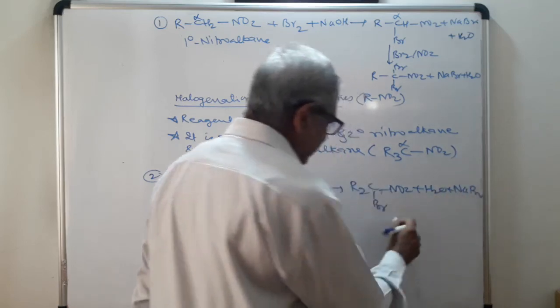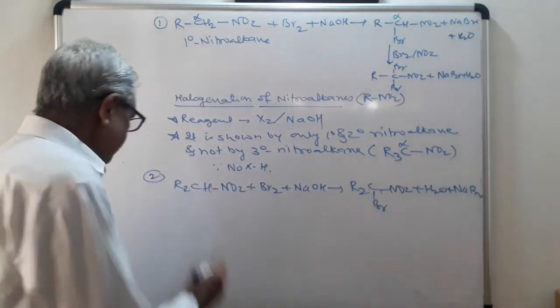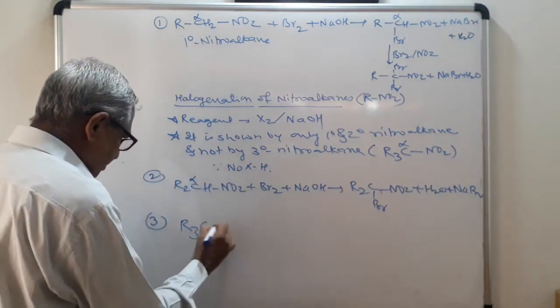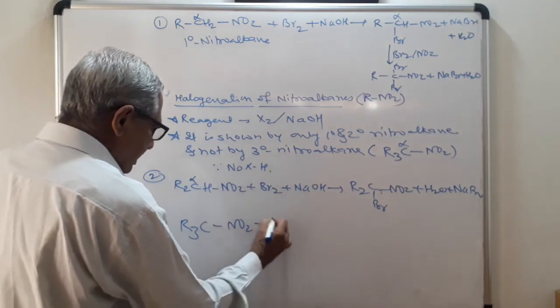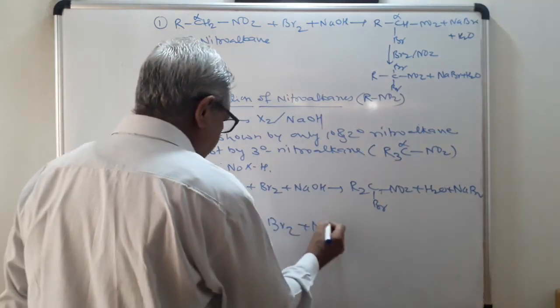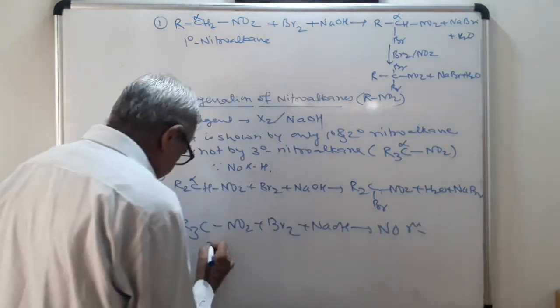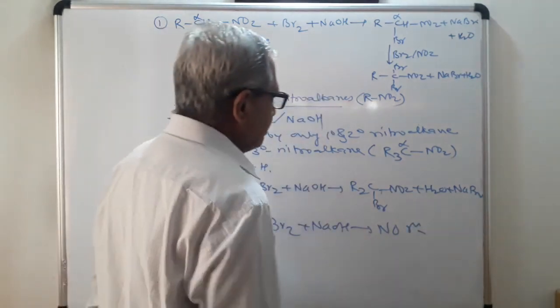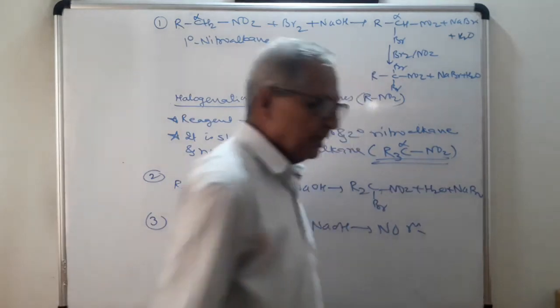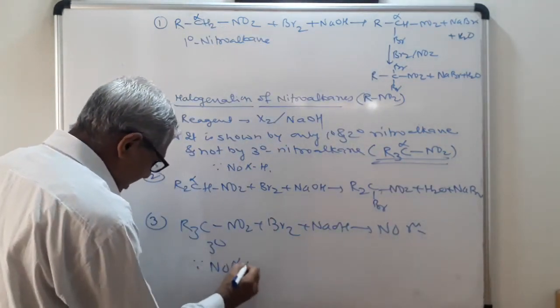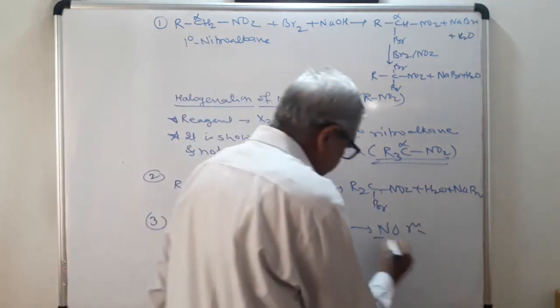You will get only one derivative because it contains only one alpha hydrogen. Third, R3CNO2. When you do the reaction with Br2 and NaOH, in this case there is no reaction because this is a tertiary nitroalkane. It does not have an alpha hydrogen atom. So I will write here: because no alpha hydrogen, therefore no reaction.